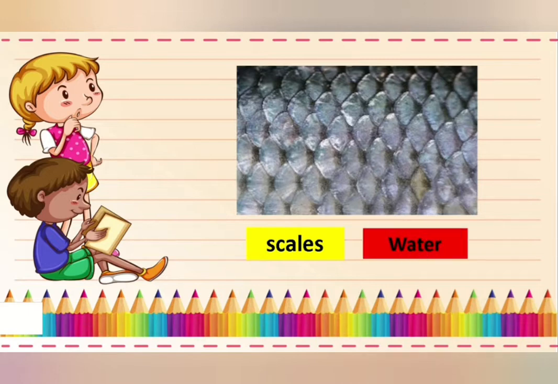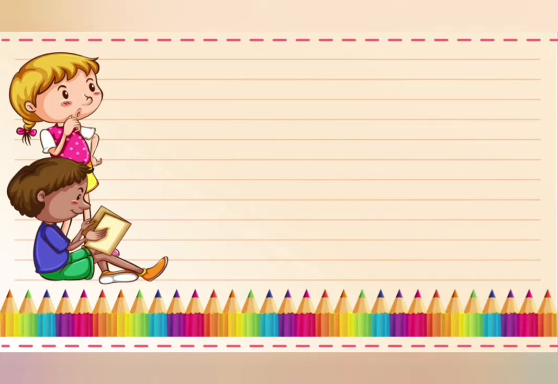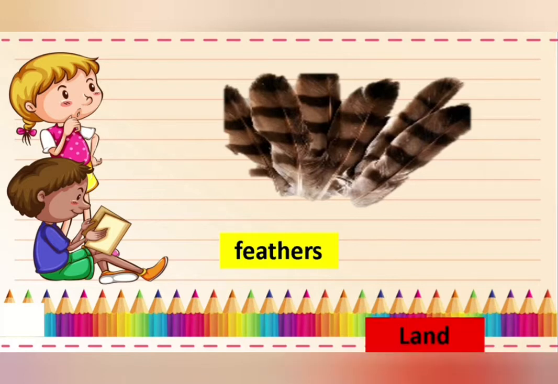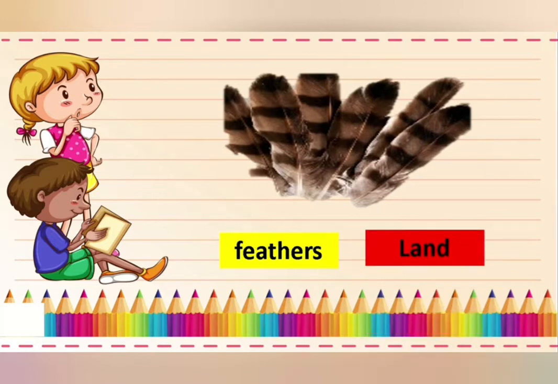Okay, so your answers are correct. Next picture. Okay, so the body structure, feathers, and the habitat is land. Your answer is correct.